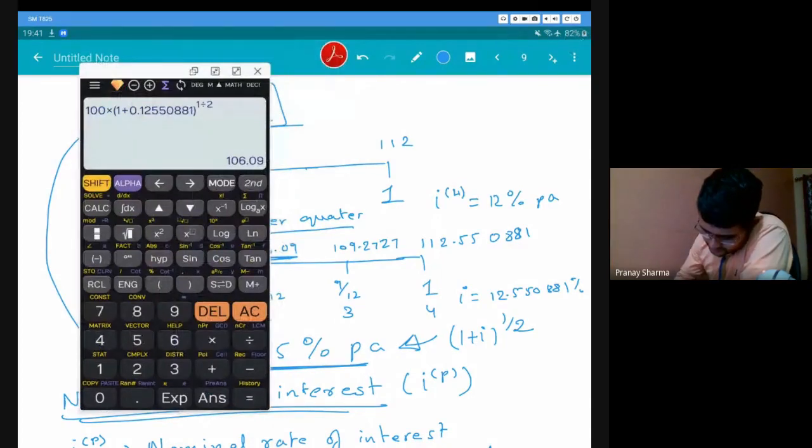Same thing I can do for 3 quarters. 3 quarters is going to be 3/4 year. I'll say 3 divided by 4, and that becomes 109.2727. It's exactly the same values.